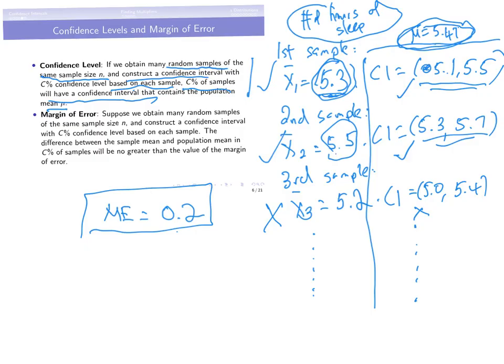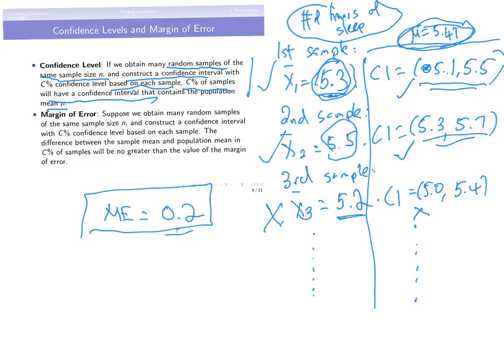So this one's outside. The difference between 5.2 and the truth is larger than the margin of error. So we are saying if we're constructing these at 95% confidence, 95% of these sample means will be within 0.2 of the population mean. So that's what confidence level and margin of error refer to. They actually refer to the same idea if you think about it.